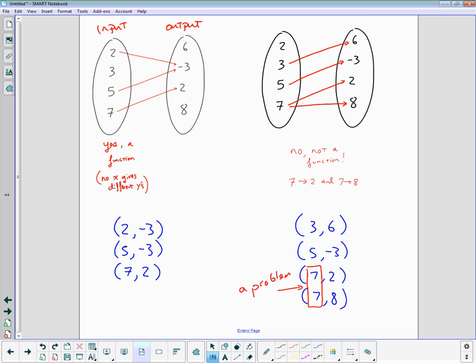So after you write it out, it's written once, but there's 2 coming out of it. So that's why it's 2 arrows. It's like the number 7 has 2 price tags on it, a 2 and an 8.